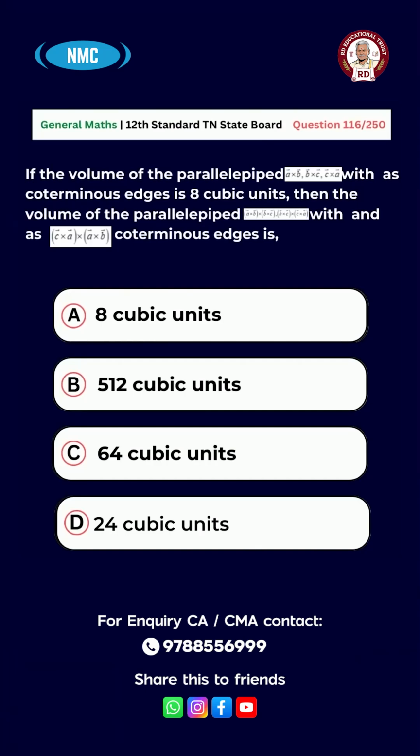Question number 160. If the volume of the parallelepiped with a⃗ × b⃗, b⃗ × c⃗, c⃗ × a⃗ as coterminous edges is 8 cubic units, then the volume of the parallelepiped with (a⃗ × b⃗) × (b⃗ × c⃗), (b⃗ × c⃗) × (c⃗ × a⃗), and (c⃗ × a⃗) × (a⃗ × b⃗) as coterminous edges is: option A, 8 cubic units; option B, 512 cubic units; option C, 64 cubic units; option D, 24 cubic units.